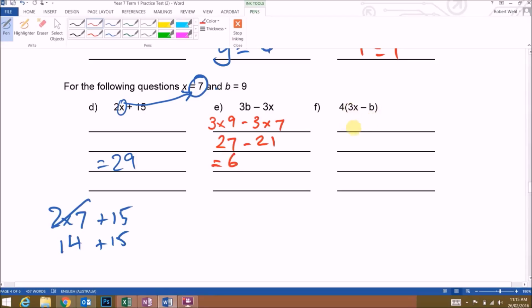Okay, so once again here, 4 bracket 3 times 7, take away 9. 3 times 7 is 21, take 9, equals 12, and 4 times 12 is 48. Okay.